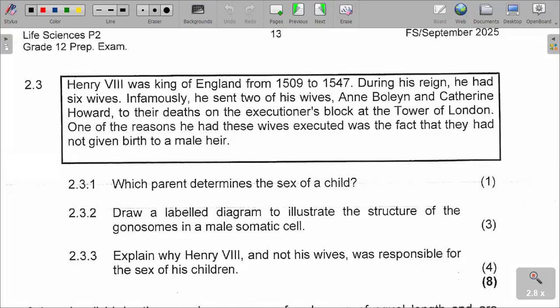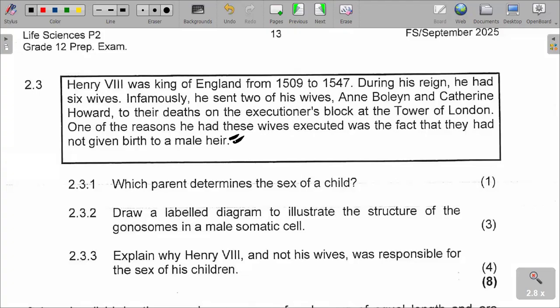Infamously, he sent 2 of his wives, Anne and Catherine Howard, to their death on the executioner's block at the Tower of London. One of the reasons he had these wives executed was that they had not given birth to a male heir.